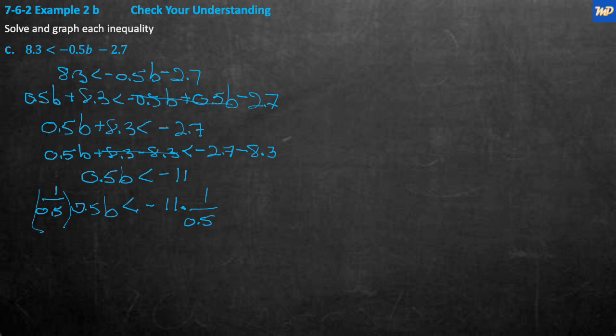We carry out the math, and these are gone. So we have b is less than minus 11 divided by 0.5, which is like multiplying by 2, so minus 22.